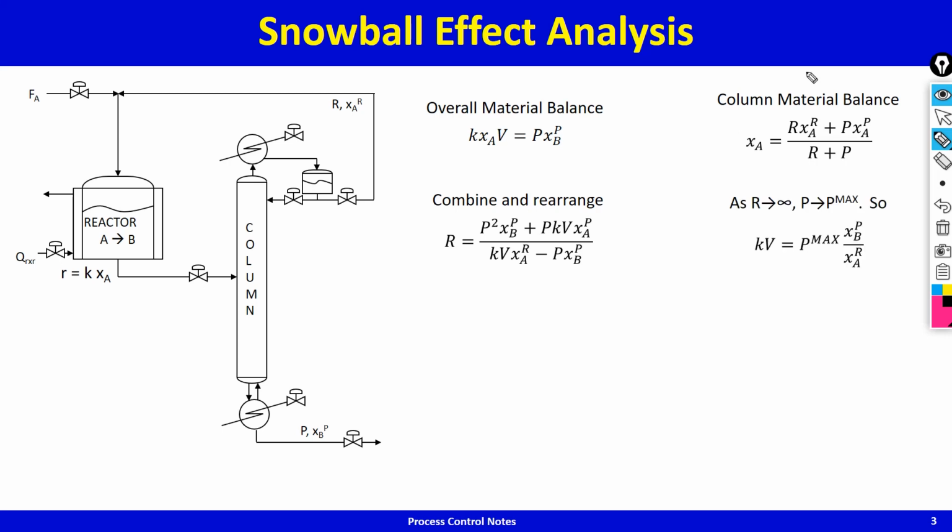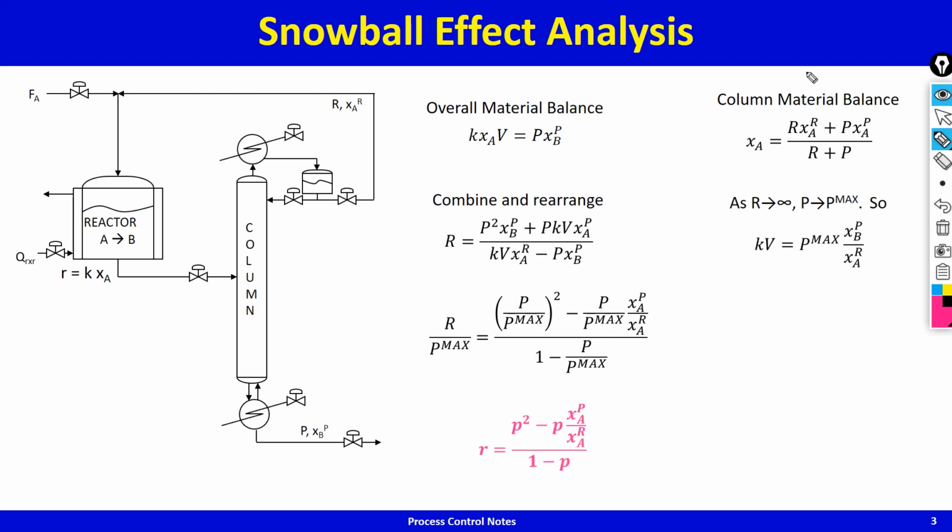Now as recycle rate R goes to infinity, P goes to P max, so if you put the denominator to 0, you get kV is equal to P max xb by xbp by xar, and if this is substituted into the R equation, what you get is this guy, and if you replace R by P max and P by P max with small r and small p respectively, that's the equation that you get, that gives the variation of the scaled recycle rate with the scaled production rate.